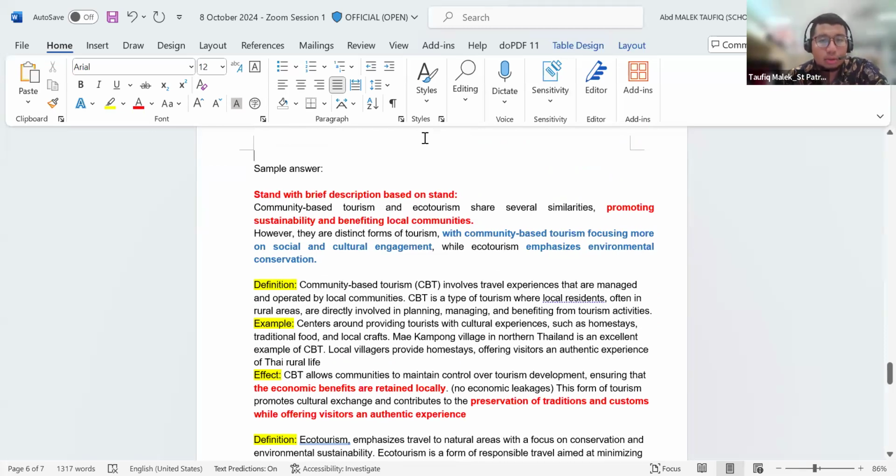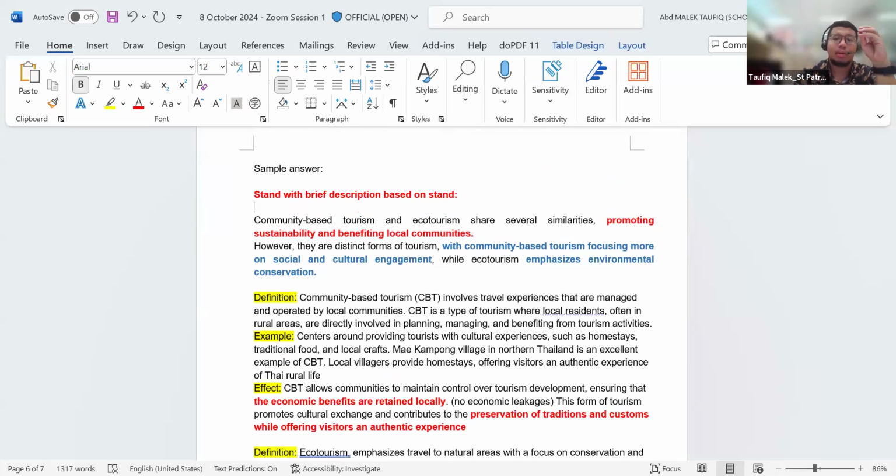Number 1, you need to provide me with an opening statement, right? Like debate lah. When you do your debate, you must have an opening statement. Okay, and this opening statement must tell me whether you are supporting the question or not supporting the question, or whether you are siding both sides, or whether you are siding only one side. Okay, so you must answer the question with a context, okay, to have quality base lah in your context.